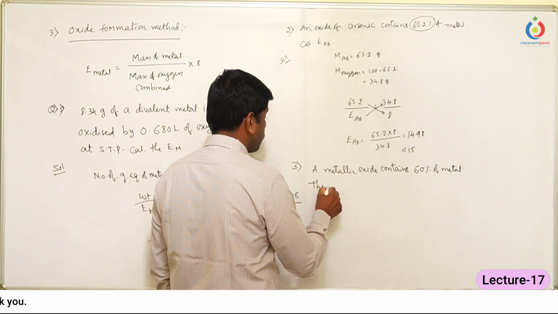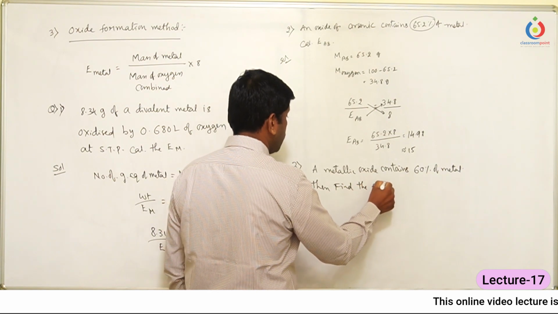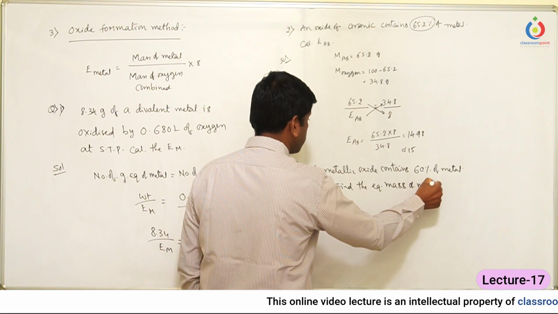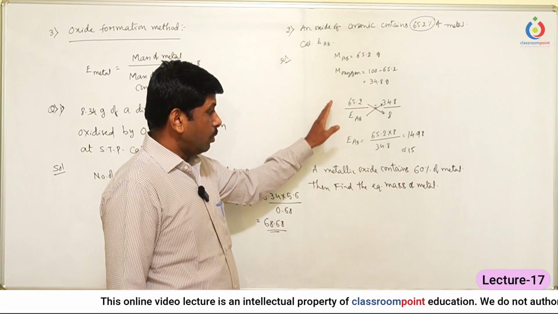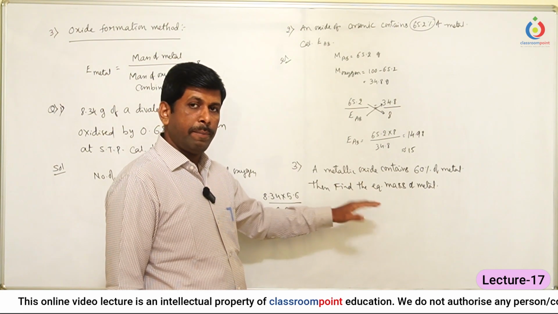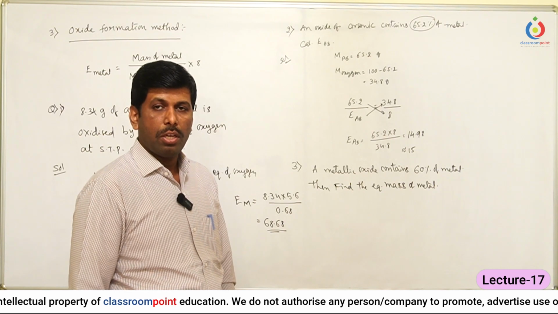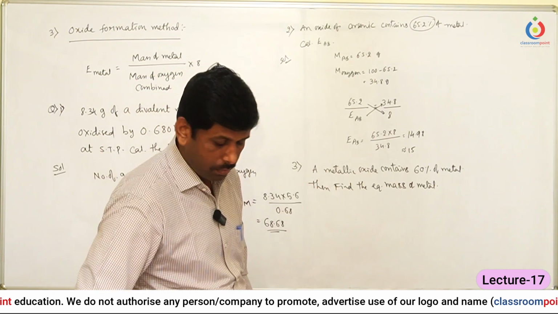Then find the equivalent mass of the metal. It is a similar concept. You solve this question and put your answer in the comment box, because the concept has already been discussed. So you also test yourself on how much you understand this concept.